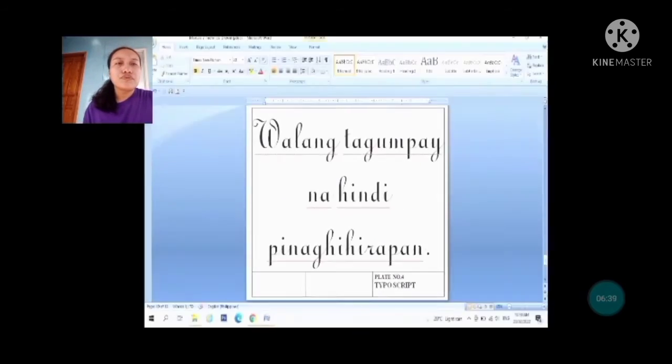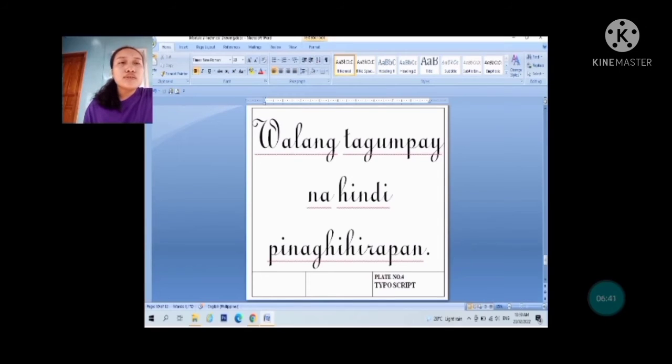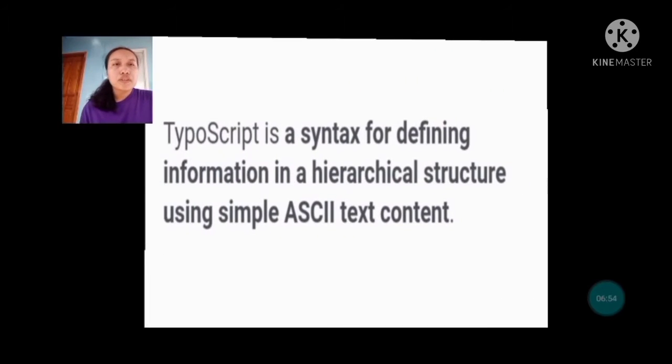So now, this is called a typoscript. The earlier letters are called typoscript. What is typoscript? The typoscript is a syntax for defining information in a hierarchical structure using simple text content.